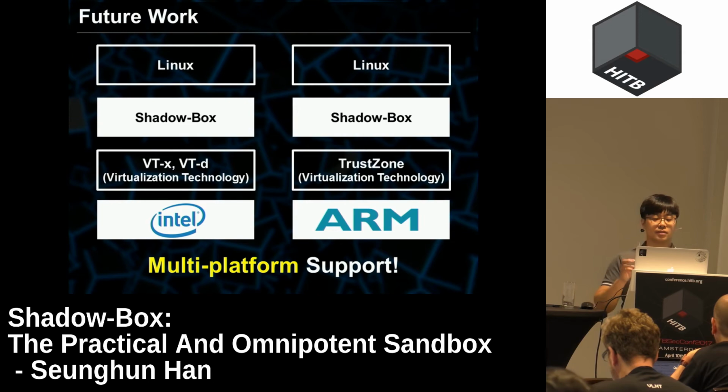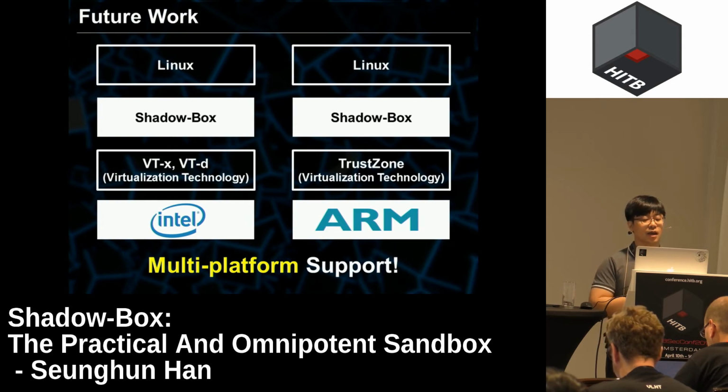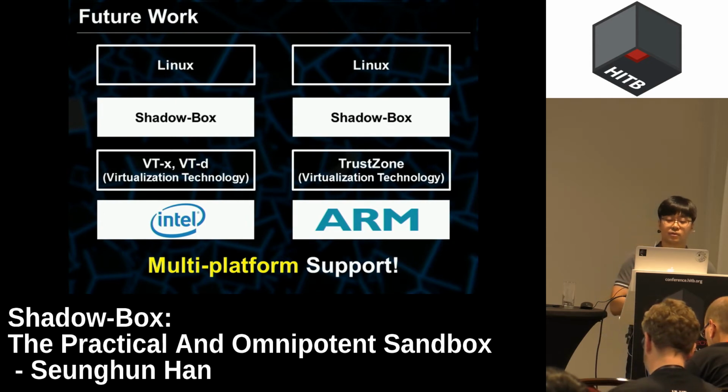Typically, ARM processors are less powerful than desktop processors, and they are used in mobile environments. Therefore, Shadowbox for ARM has new features such as a workload-concerned monitoring mechanism and remote attestation for device status checks.